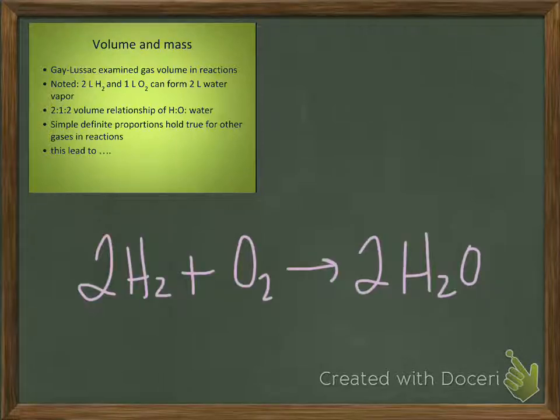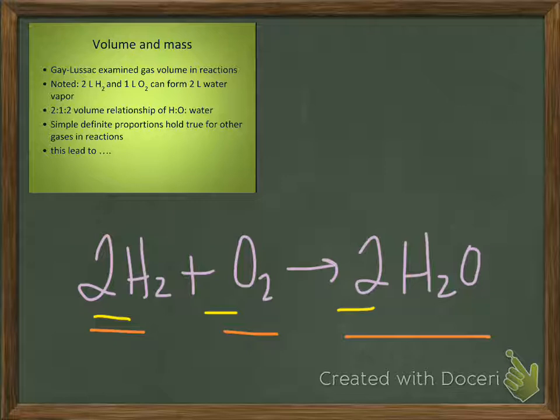Oh, goodness, that looks an awful lot like the coefficients in the balanced... Wait a minute. Those are the coefficients in the balanced chemical equation for the reaction of hydrogen gas and oxygen gas to form water vapor. Well, yeah, it was. And what he found was that all the reactions that he looked at that were a gas reacting with a gas, forming a gas, followed the same pattern.